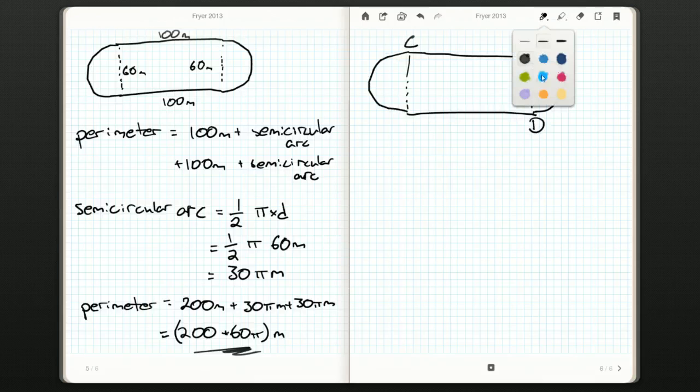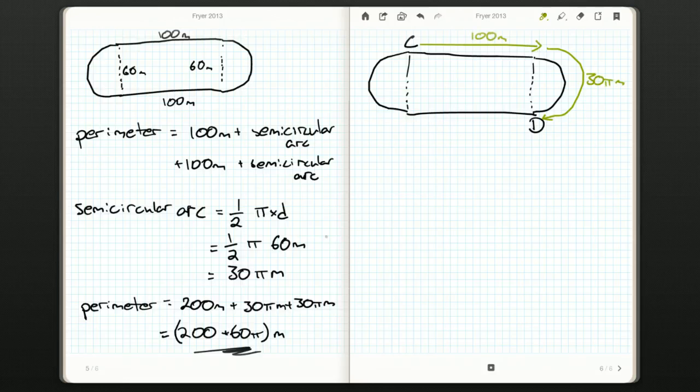Okay, so let's mark these guys in different colors. We'll make Amy green. So we'll say she goes around this way. So that's 100 meters, and we know that this is 30 pi meters from what we did before.